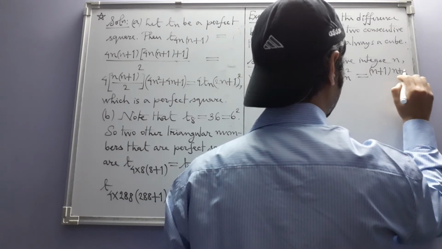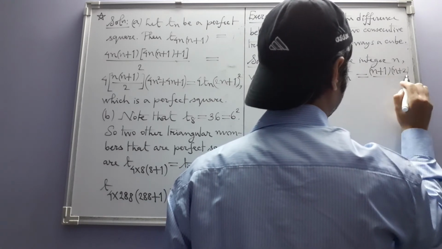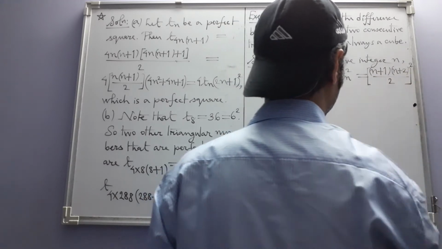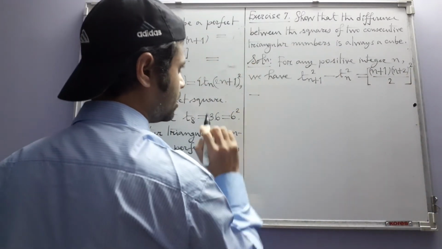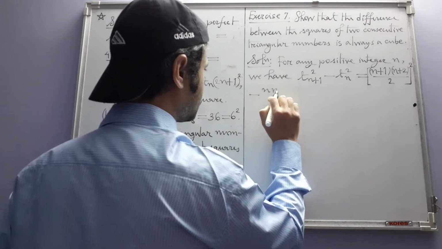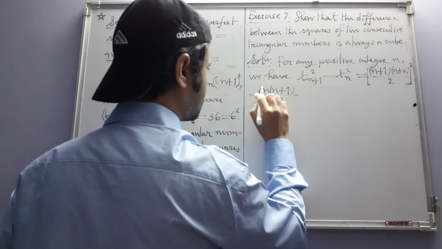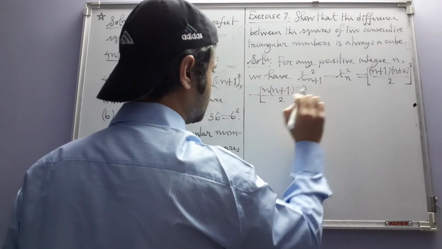n plus 1 times n plus 2 divided by 2 whole square minus this.